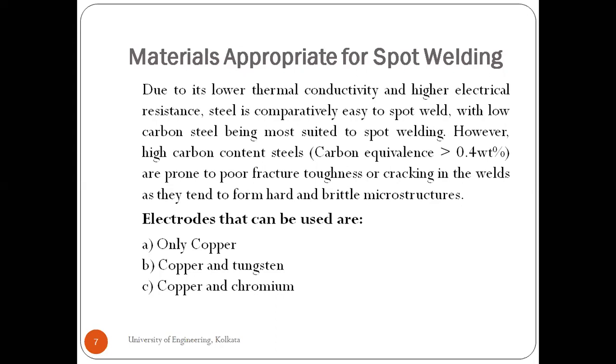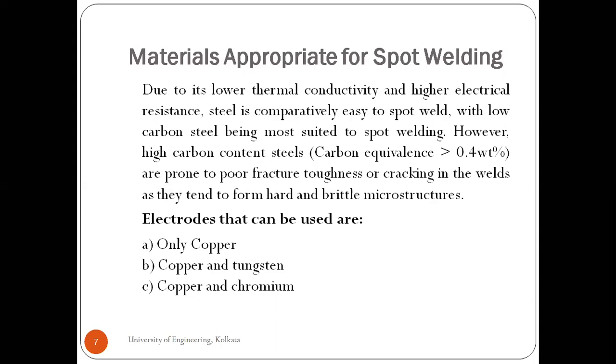So any steel which is lower than 0.4, we can call it low carbon steel or medium carbon steel. Okay, and high carbon steels are prone to poor fracture toughness or cracking in welds, as they tend to form hard and brittle microstructure, right? So low carbon steels are preferred in case of spot welding process.